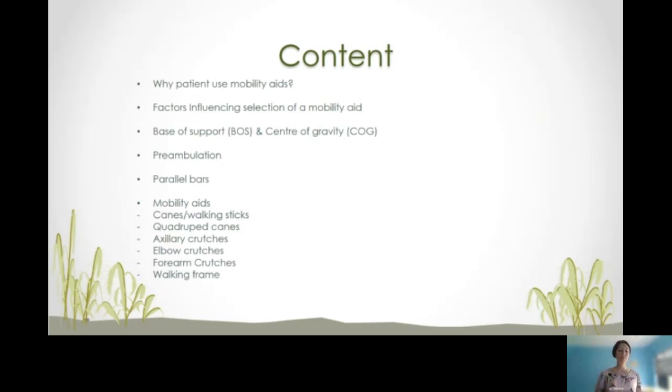A very useful tool where the preambulation starts off in is often where there is a parallel bar.